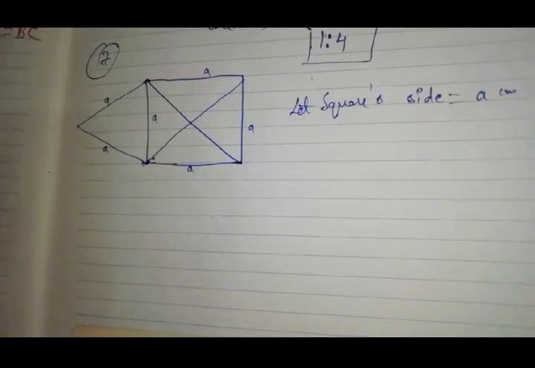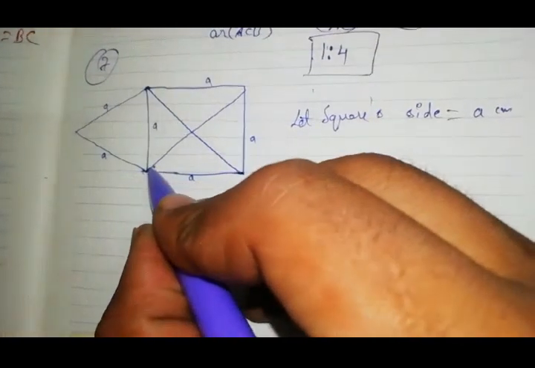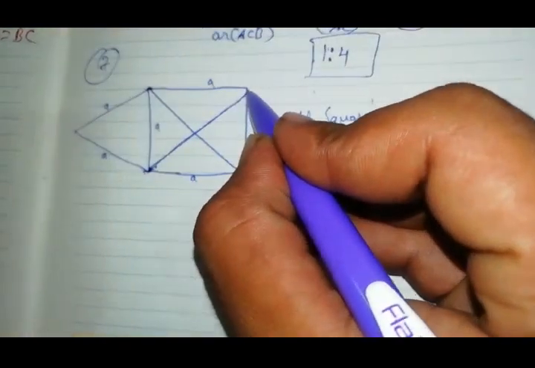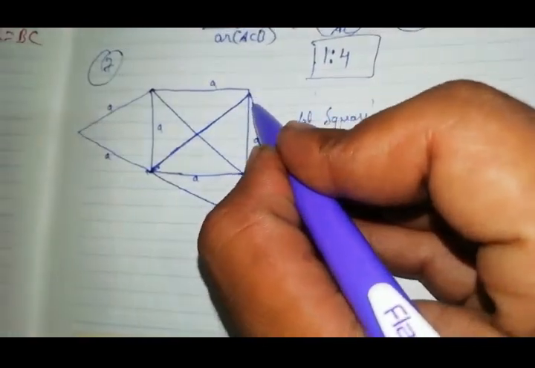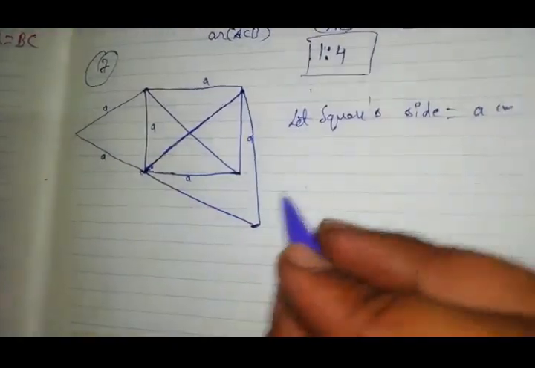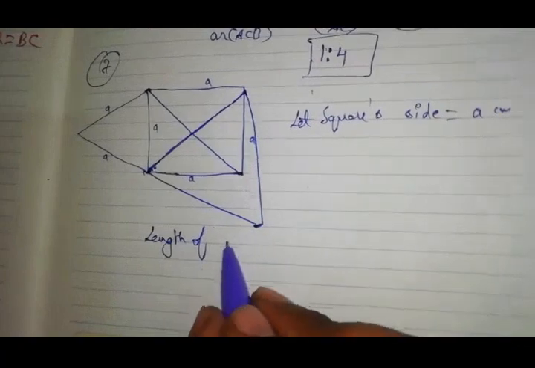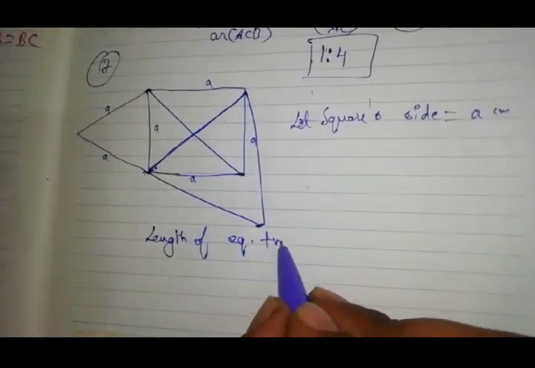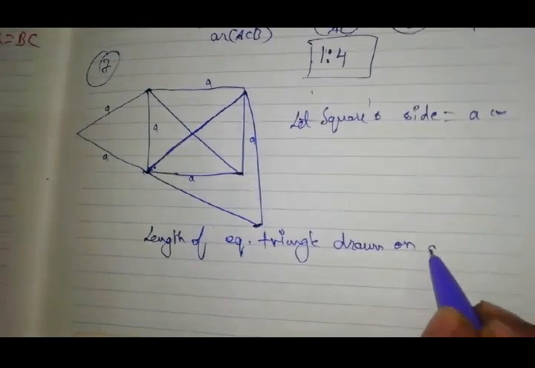Now it is said that one equilateral triangle is drawn on one of the diagonals. So if this is the diagonal, the equilateral triangle has the same length. First of all, find the length of the side of the equilateral triangle drawn on the diagonal.